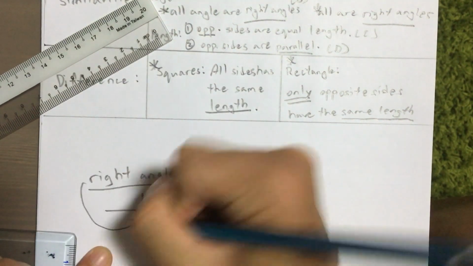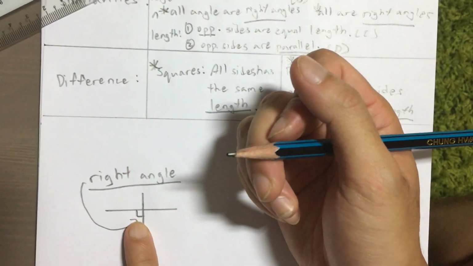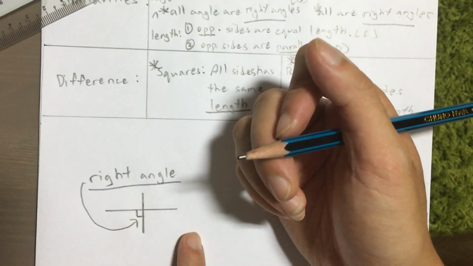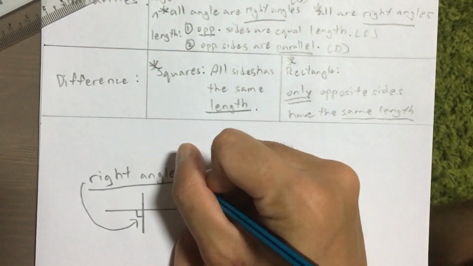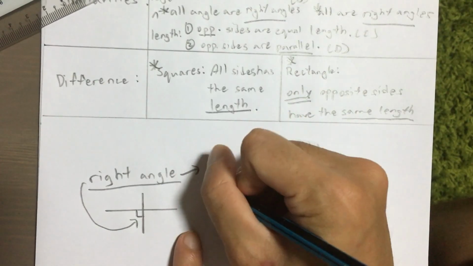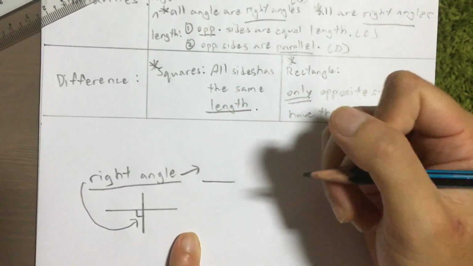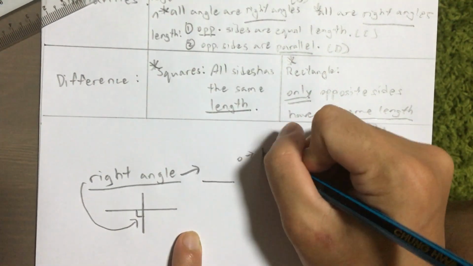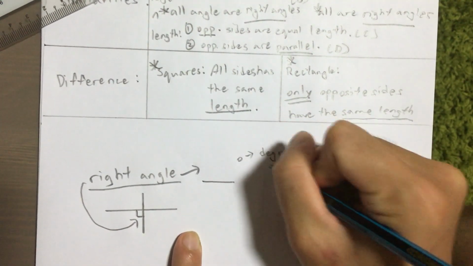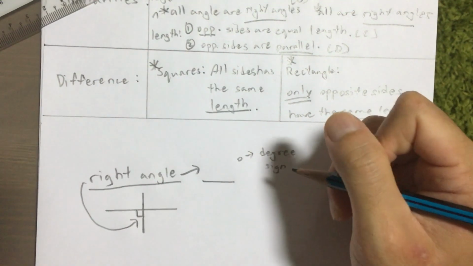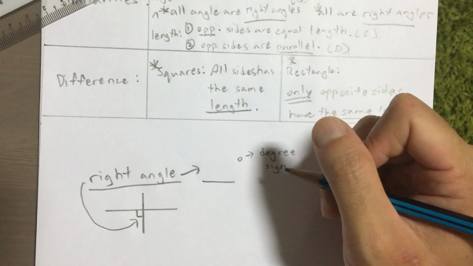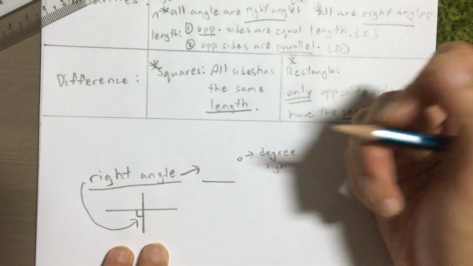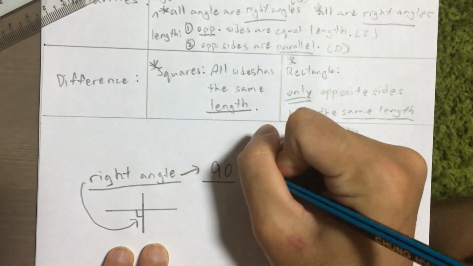This is what we call right angle. We all know that. It's represented by this little square or little box over here. But this year you're going to learn that this right angle is also equal to a number with a degree sign. This is what we call a degree sign. You will learn more next week when we talk about angles. But for now, I just need you to know that for right angles, it is actually 90 degrees.